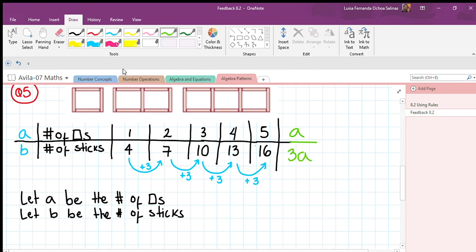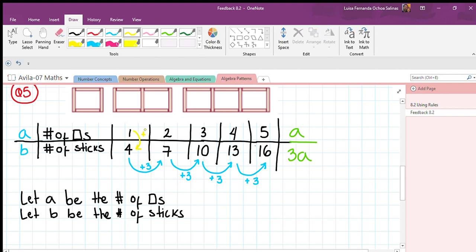We check. If you want to think about it, this is like the horizontal relationship. This one is going to give you the 3A, and then we have to adjust it by thinking of the vertical relationship. So when I'm multiplying this one by 3, this one becomes 3, then I'm missing to add 1.